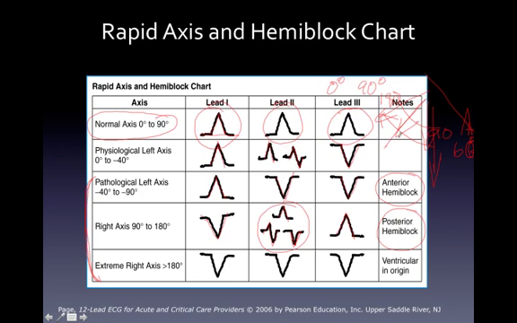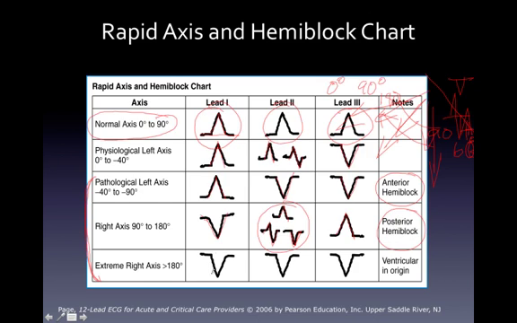If you're coming out at about 120 degrees, it may look both above and below the isoelectric line. If you're coming out at 179 degrees, it is not going to look like it's headed towards this positive electrode. It's going to look like it's headed away from it, so it'll be negative, or below the isoelectric line.